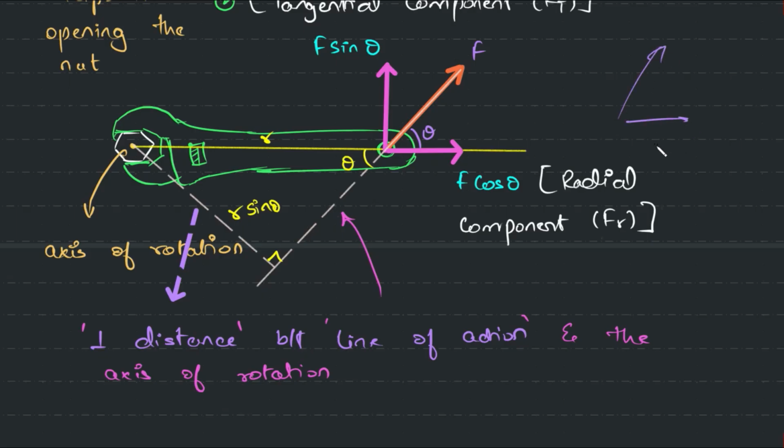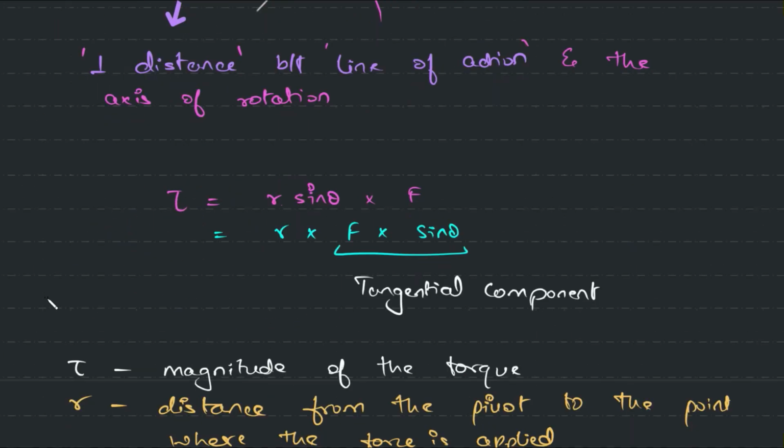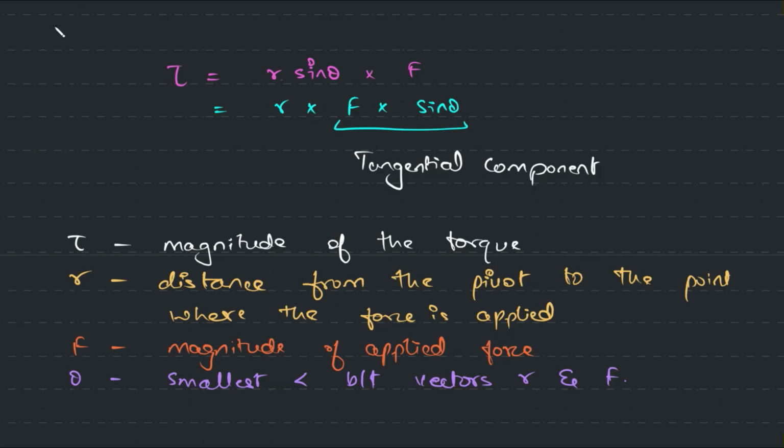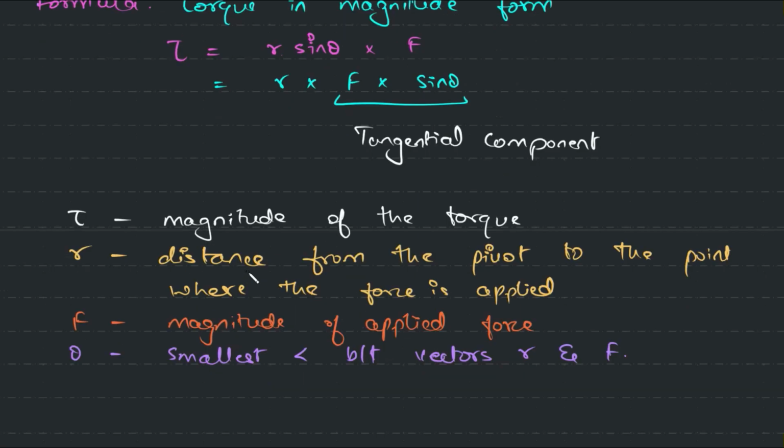Again, they're just the direction that we are looking at. So this is your magnitude form. This is your formula for torque in magnitude form. There is direction also because this is a vector quantity. We'll look into direction next.